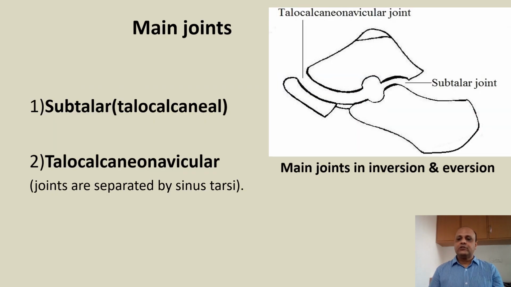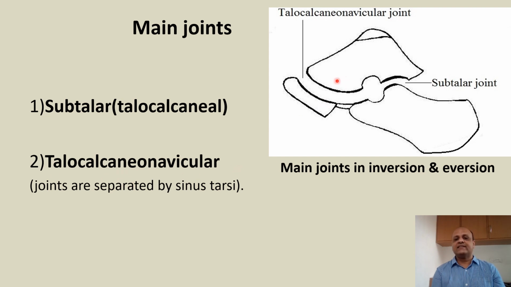Then what are the main joints at which inversion and eversion is taking place? Well, they take place at two main joints. The first joint is the subtalar joint or the talocalcaneal joint. So we see here in this figure, this is the subtalar joint. This is the talus and this is the calcaneum. And the second joint is the talocalcaneonavicular joint.